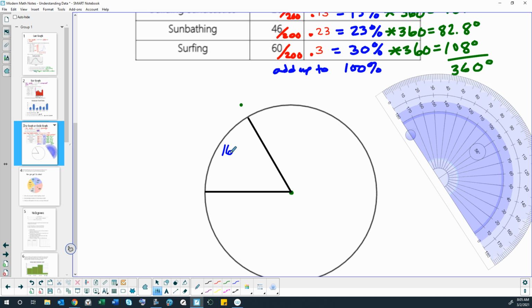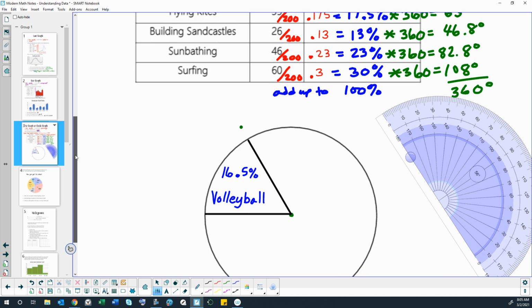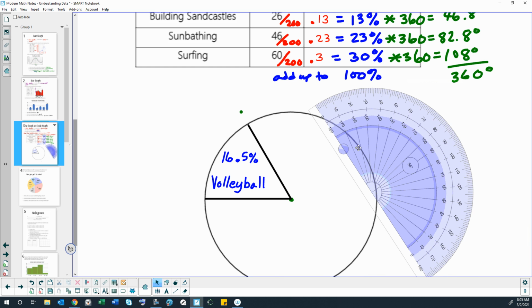And I'm also going to write my 16.5%. So someone looking at my graph can quickly see the size of the sector to relate it to the other sectors, but they can also see the actual number written there. Okay, I realize I shortened that from our chart because it says playing beach volleyball, so I just shortened what that said.